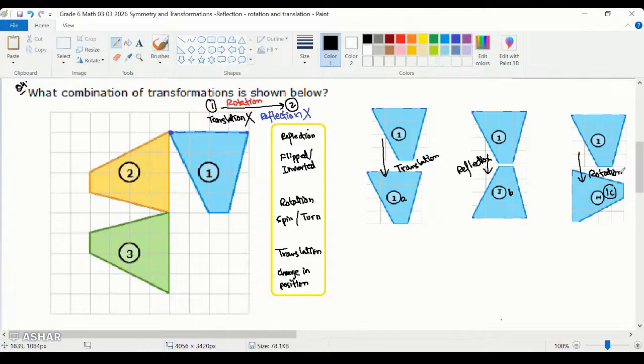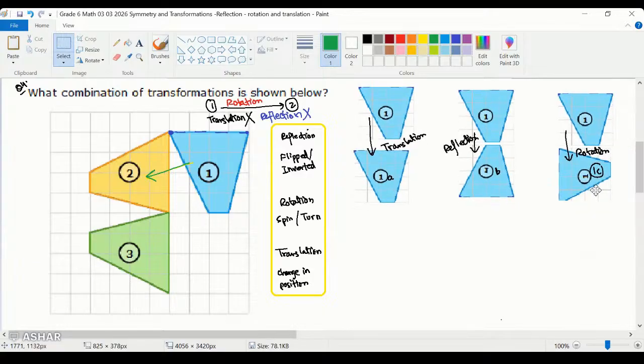So what we can see over here, 1 to 2, what is happening? Is it a translation? No, it cannot. From 1 to 2, we can say that it is not a translation, right? Something is changing. It cannot be translation, it cannot be reflection, but it has to be a rotation, because the direction has changed. Agreed?